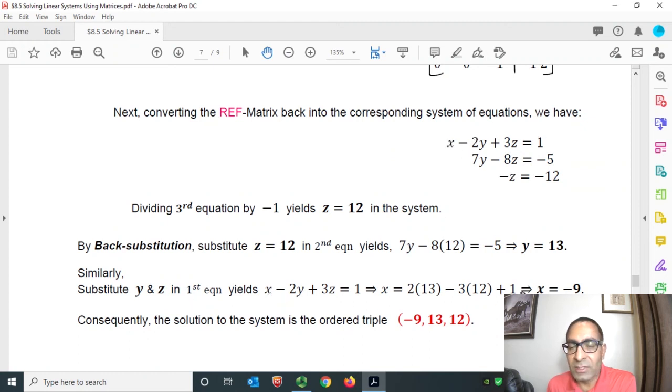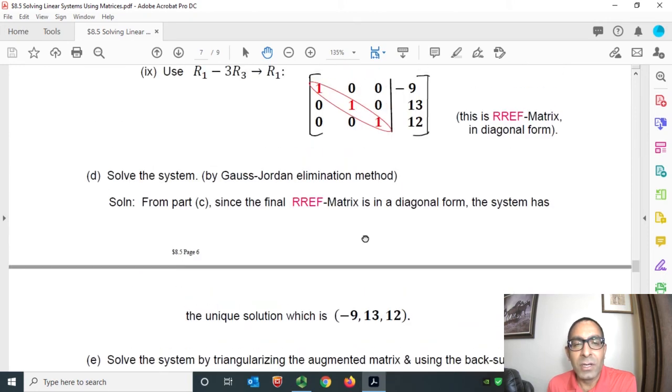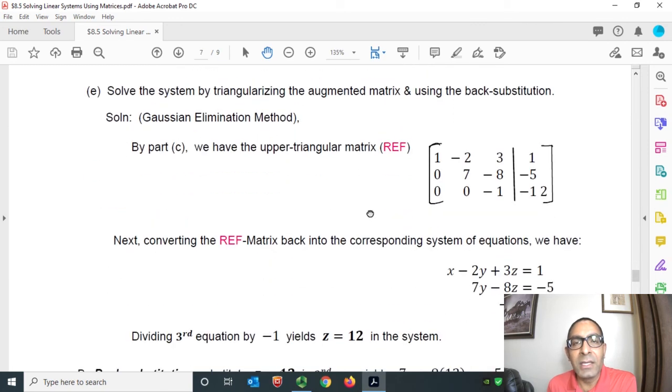This gives us x equals -9. So our solutions are -9, 13 and 12. That's the same answer we obtained in part D. In part D, we used the reduced row echelon form of the matrix, and in part E, we converted the augmented matrix to the upper triangular form and used the back substitution technique.